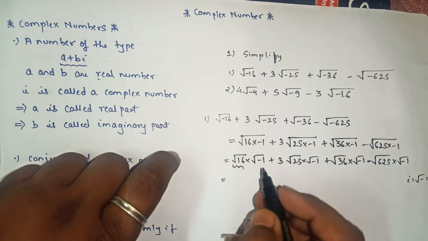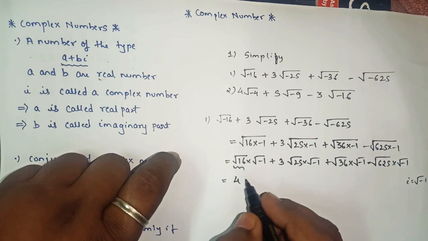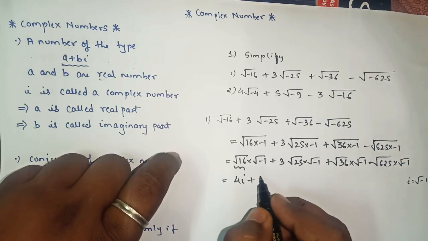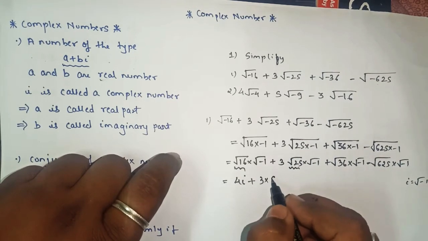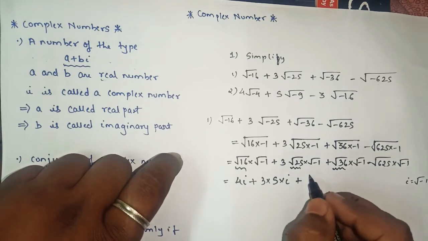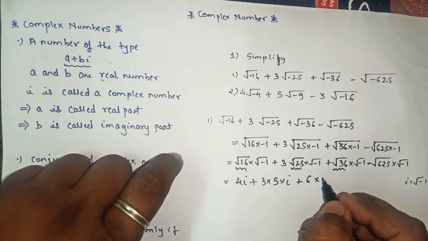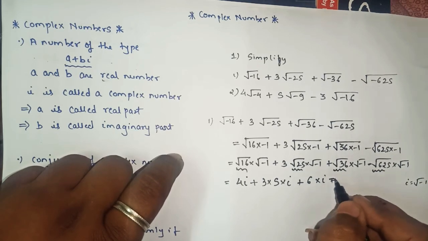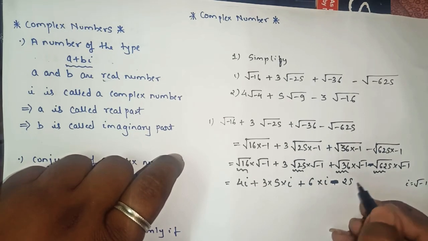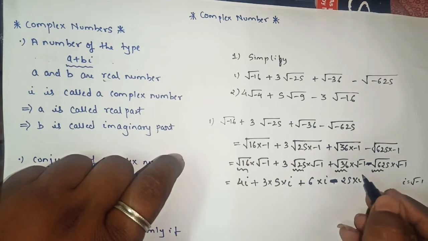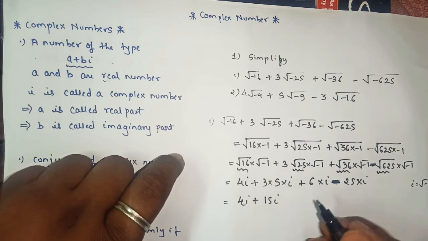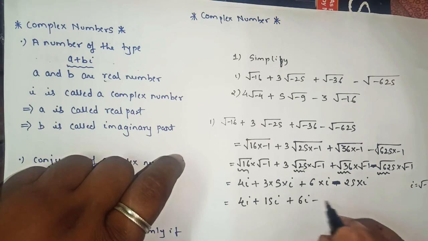Here the square root of 16 is 4, so in place of root minus 1 we can write i, plus 3 into the square root of 25, which is 5, into i, the square root of 36 is 6, into i, minus the square root of 625, which is 25, into the square root of minus 1, which is i, yes or no. Further this can be done as 4i plus 3 fives are 15i plus 6 into i is 6i minus 25i.